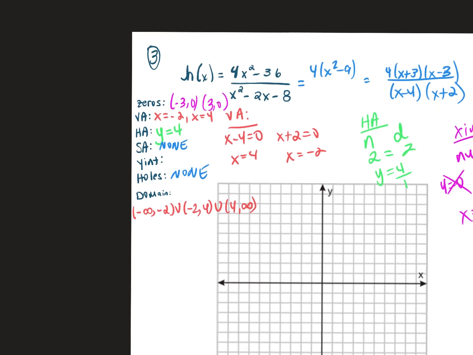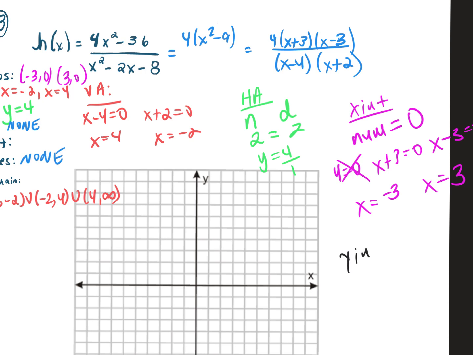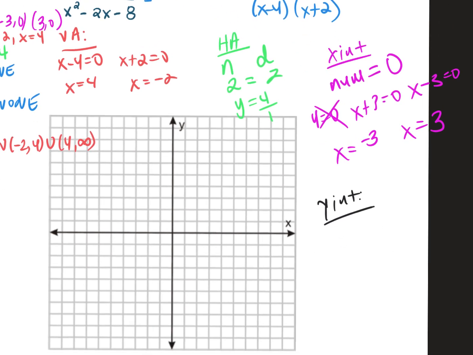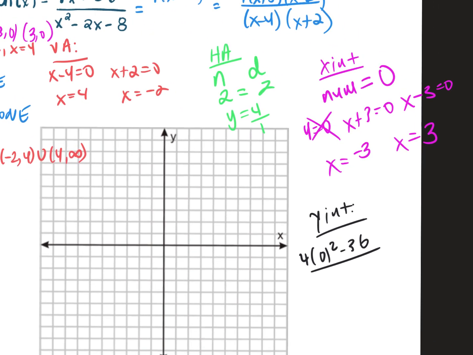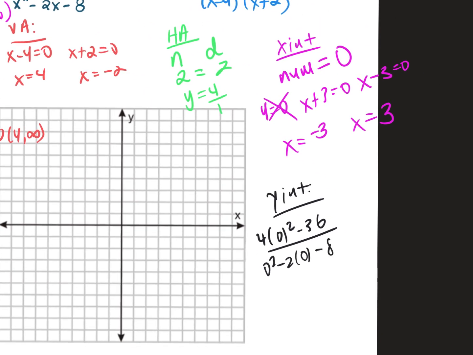So now how do we figure out what our y-intercept is? Every x, you make it 0. So for my y-intercept, I'm going to plug in 0 for all of the x's. So I have 4 times 0 squared minus 36 over 0 squared minus 2 times 0 minus 8.